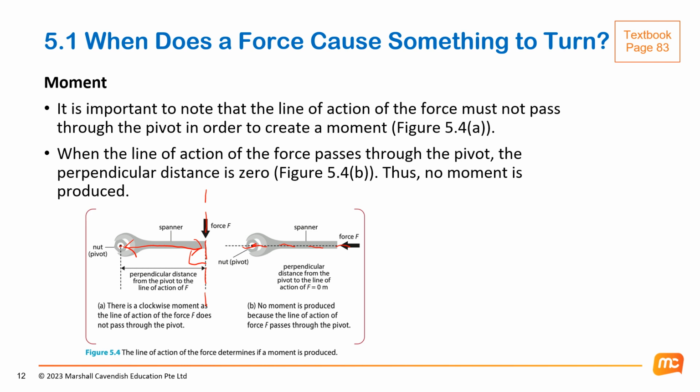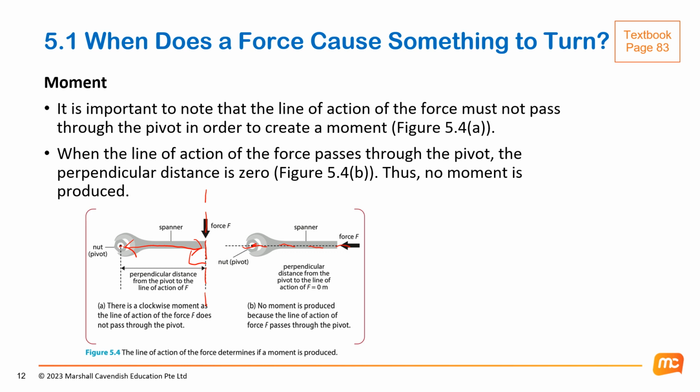And if it passes through my pivot, there is no distance between the pivot and this line, and therefore there is no moment. If we use our day-to-day real-life experience to think about this, this also makes sense, because if you are pushing directly towards the pivot of a rotating object, this does not cause the object to turn about the pivot.